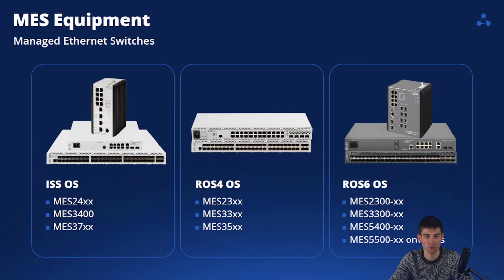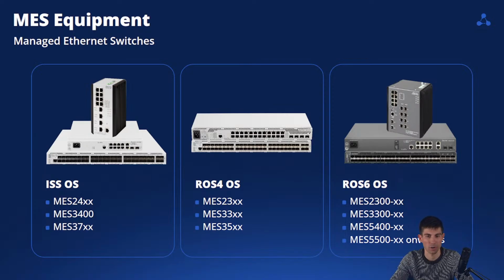We are gradually switching our focus from ROS 4 historic models to ROS 6. We're not deprecating the older models; you may still count on some of the updates on those. But ROS 6 is the current operating system running on those models.